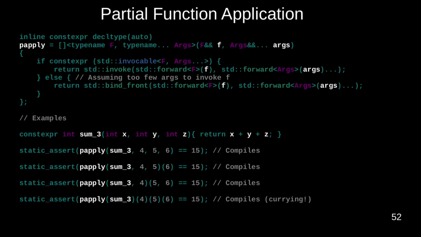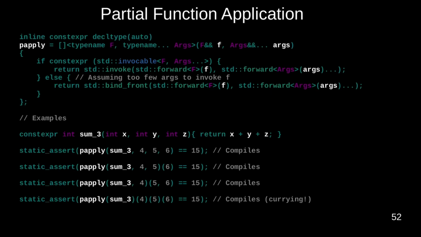And then we can make a check, is this function invocable with those arguments? Well, if it is, then we're happy, we can just invoke it like normal. But what if that concept check fails? Then we're going to assume that that's because you didn't pass in all the arguments. So then instead we pass it into standard bind front.